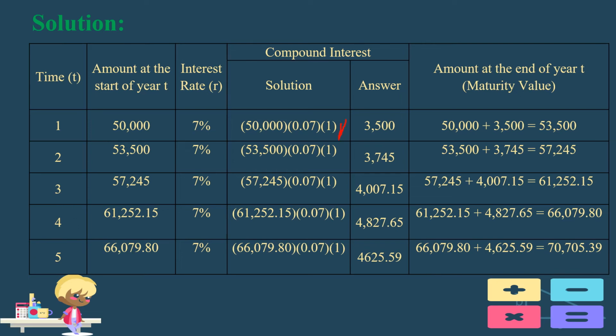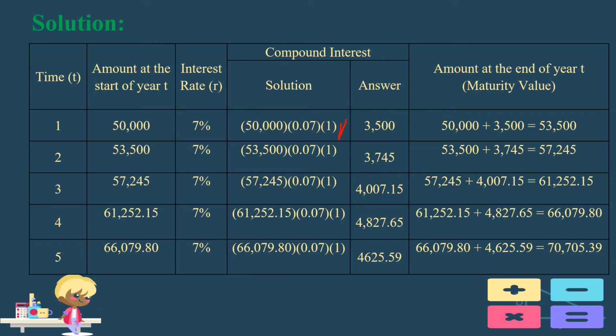Pag sinabi namang semi-annually, kahit di natin nabanggit dito para alam nyo rin, semi-annually, twice per year, tumutubo. So, ang nire-represent ni N is 2. While quarterly is 4. Monthly, 12. Ayun, nakalagay naman doon, compounded annually, therefore, 1 year, 1.